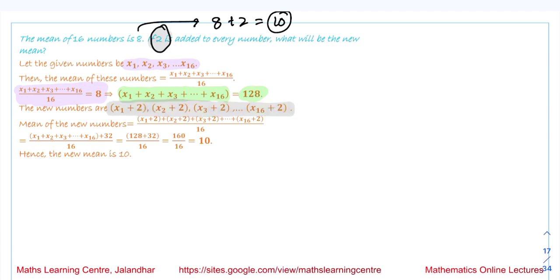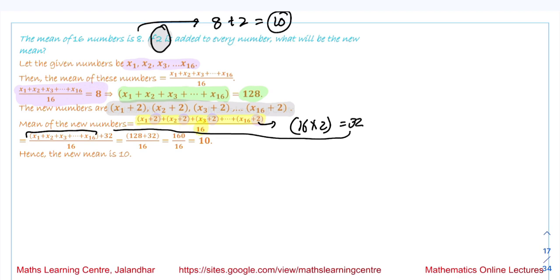So the mean of the new numbers we get is x1 plus 2, x2 plus 2, x3 plus 2, up to x16 plus 2, divided by 16. Now how many times is this 2 there? 1, 2, 3, so on up to 16 times. So we get x1 plus and so on, plus 16 into 2, that is equal to 32.